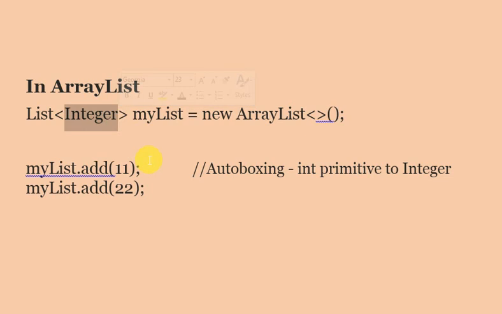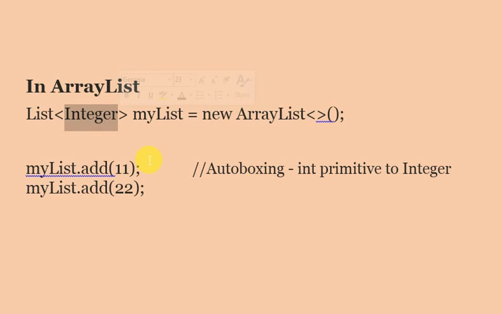You don't need to write any code for this, because this is an advanced feature of Java introduced in Java 5. So users don't need to write any code for this conversion. This autoboxing and unboxing is done automatically and implicitly.